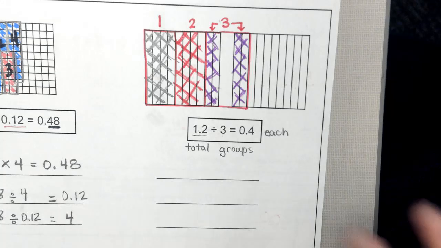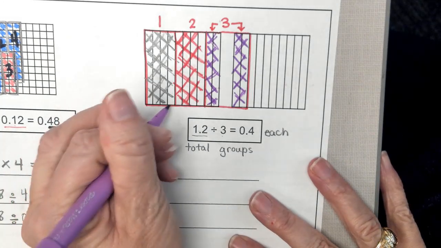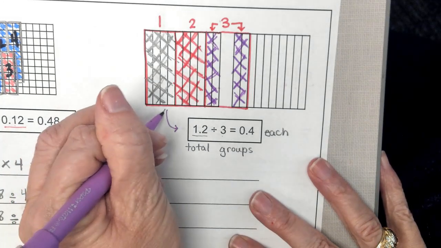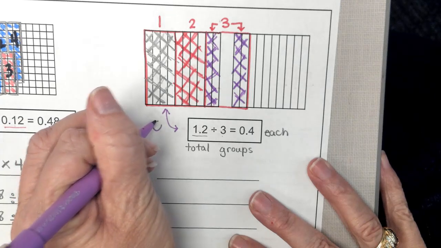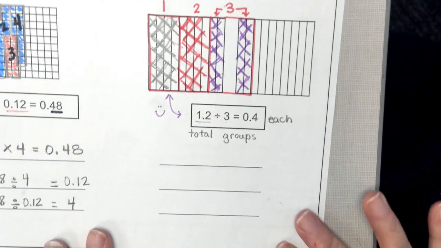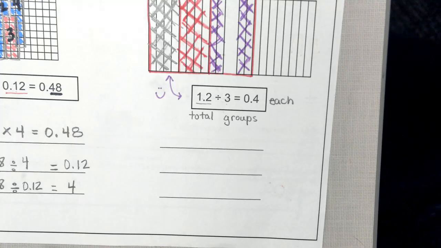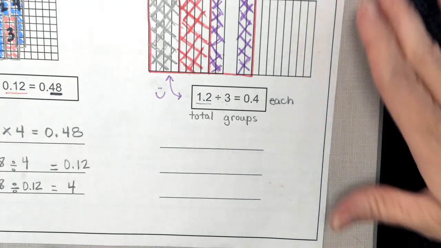So my model and my equation look like they go together, which they should, because math should always make sense. Now what we're going to do with the remaining lines is build 3 other equations related to this picture.